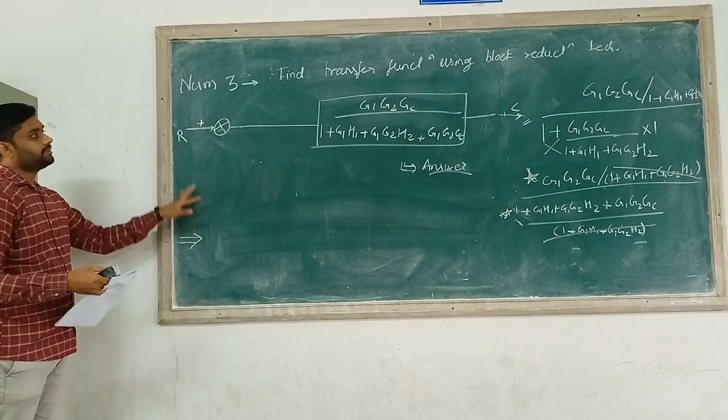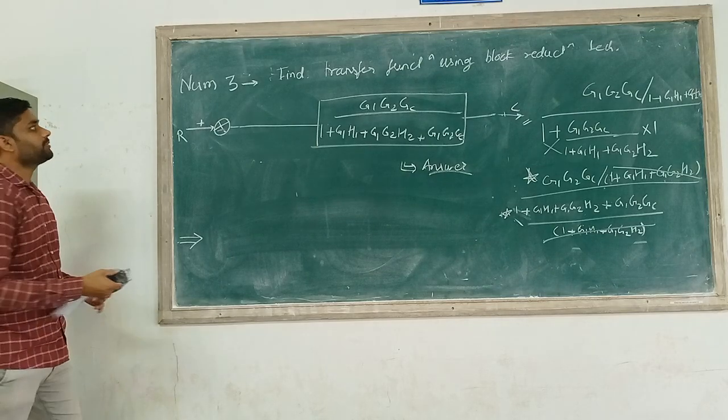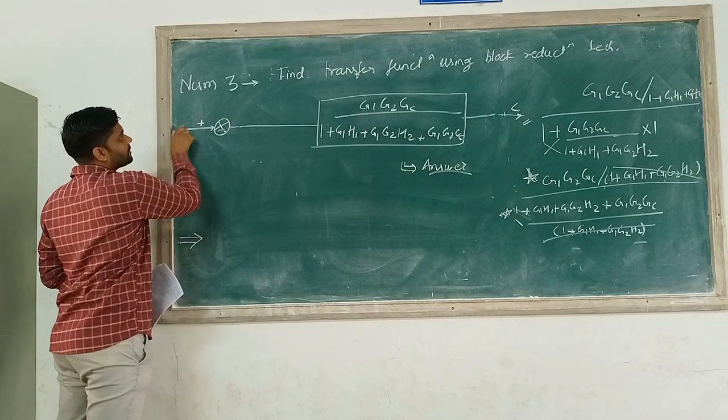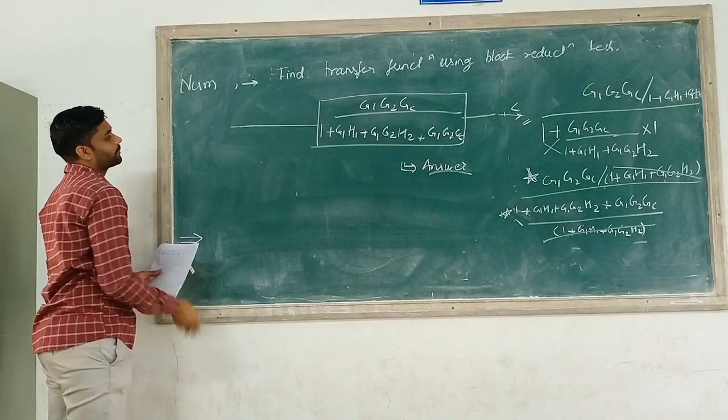Okay, so this is the first numerical. Now we are going to see another numerical, which is numerical number 4.